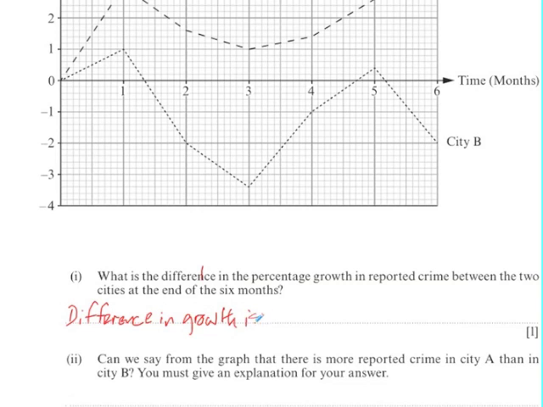The difference is 3% minus negative 2%, which is equal to 5%.